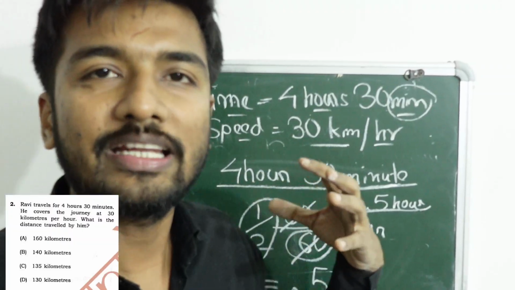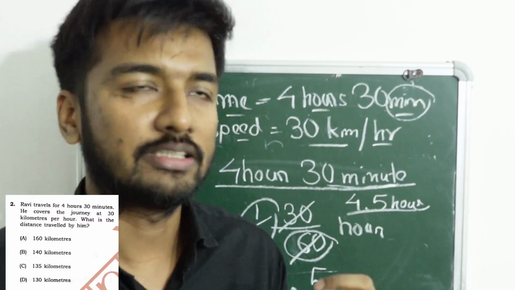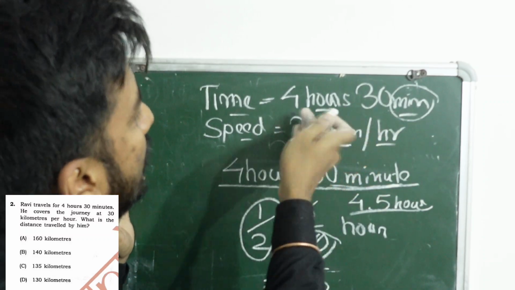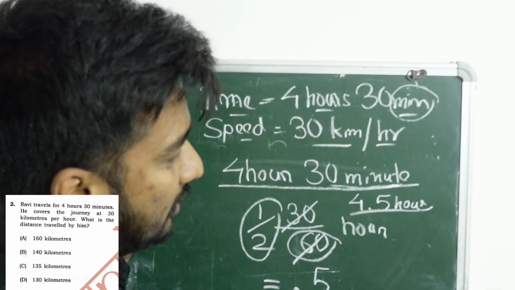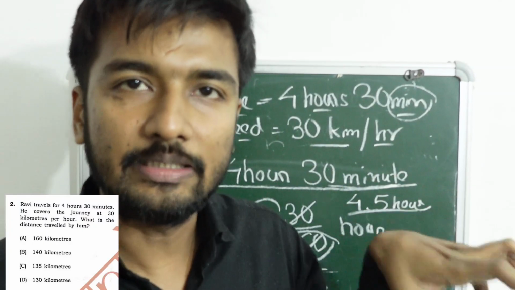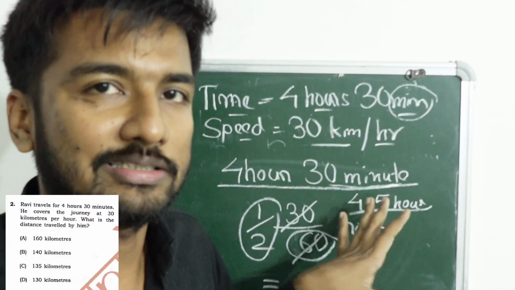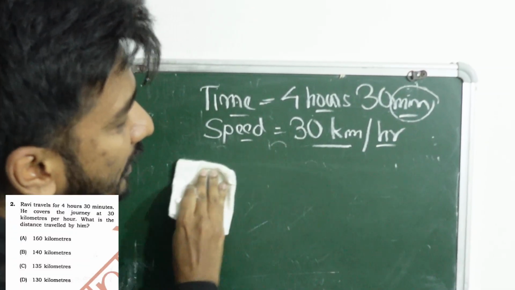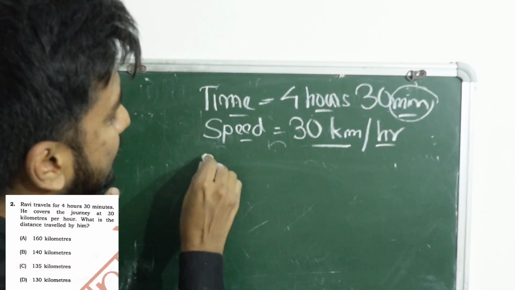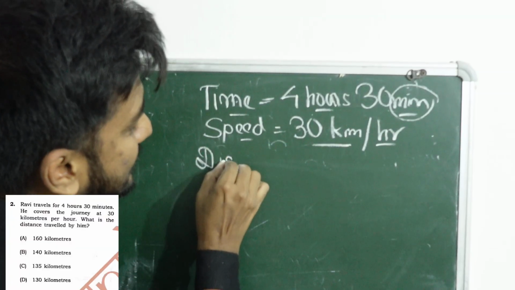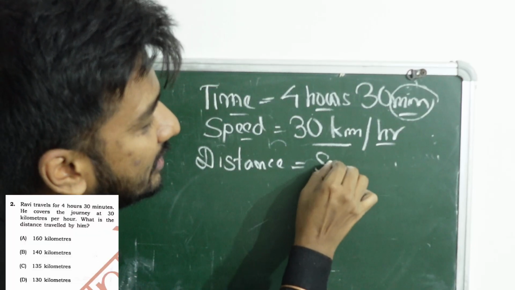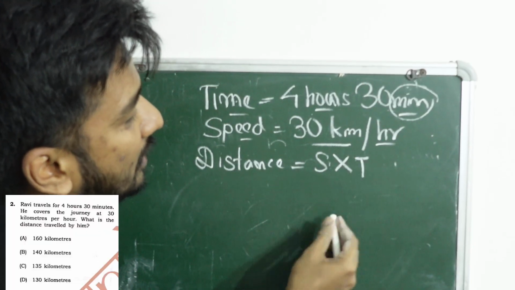I am doing this at a basic level of mathematics. You can still observe 4.5 hours just by looking at this value, but I am going into deep analysis, so I am discussing it. Now, what was the formula? The formula was distance equals speed into time.